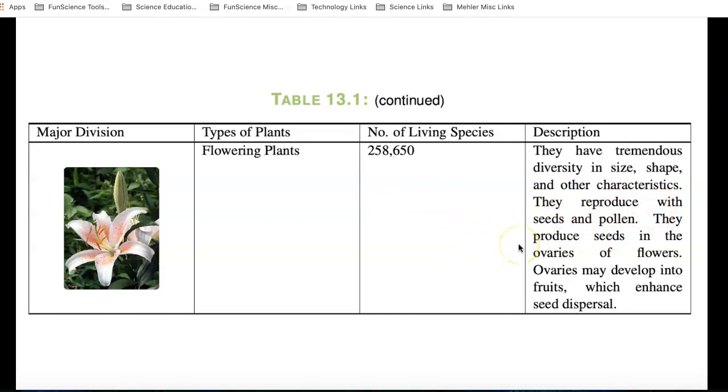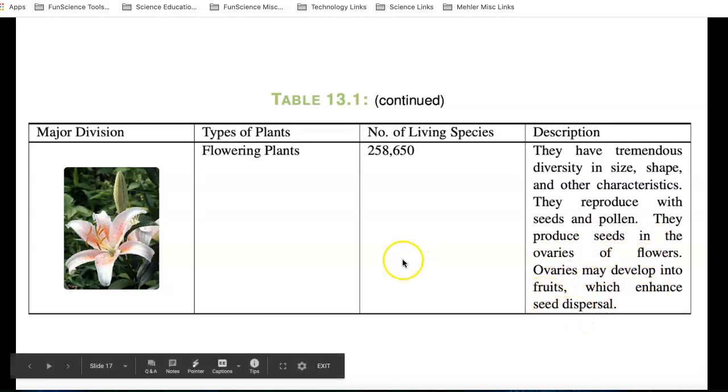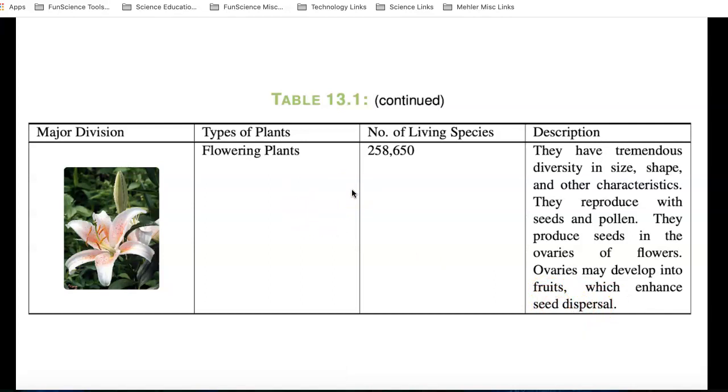For those of us that have hay fever issues, we know that very well. And they produce seeds in the ovary of flowers. Ovaries may develop into fruit, which enhances seed dispersal. What they mean by that is fruit helps maintain the seed, keeping it alive for weeks and months after it leaves the plant.